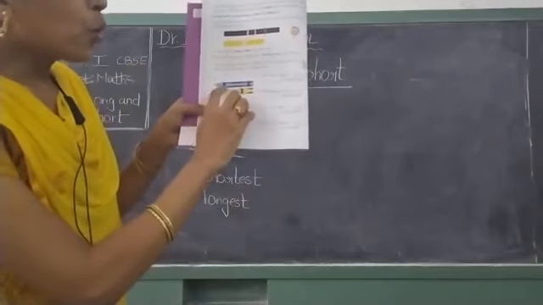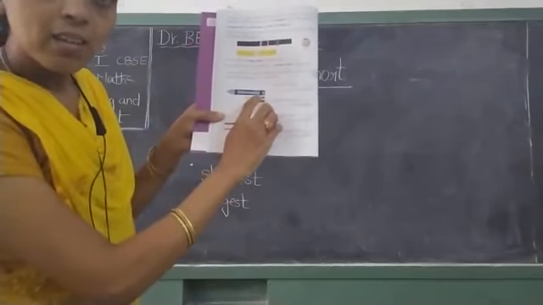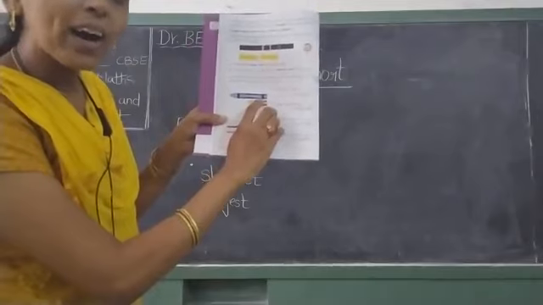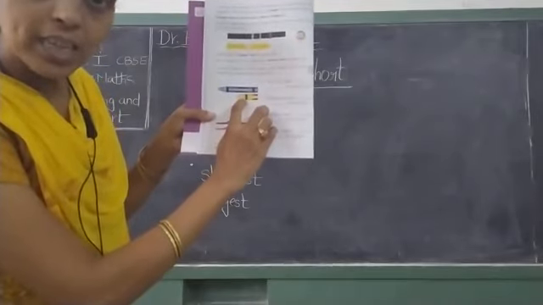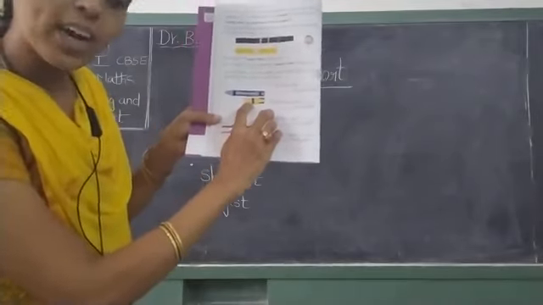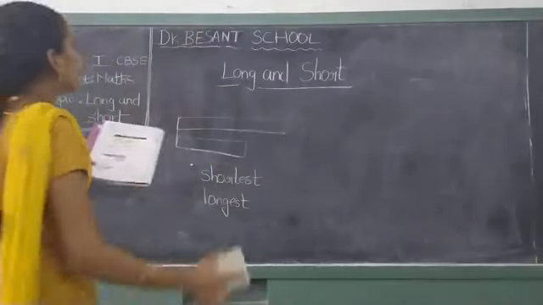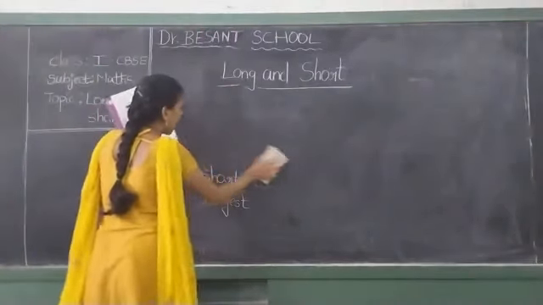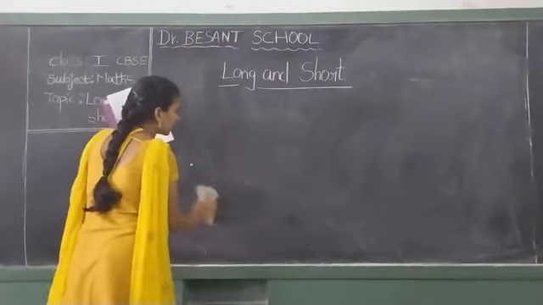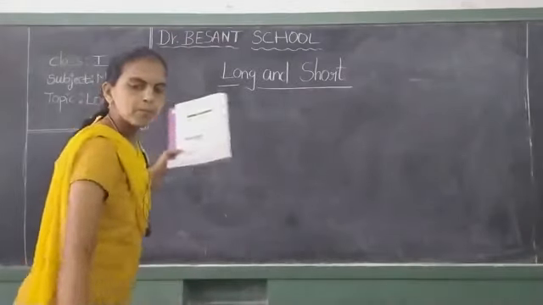Yes, blue crayon is longer and orange crayon is shorter. Very good, children. Now, you hold your pencils and write the answers in the blanks given.